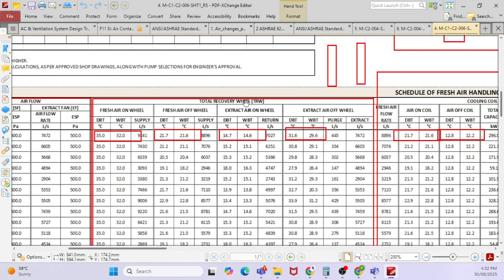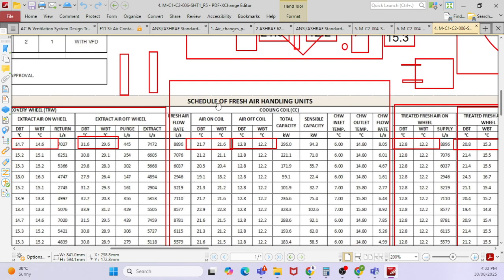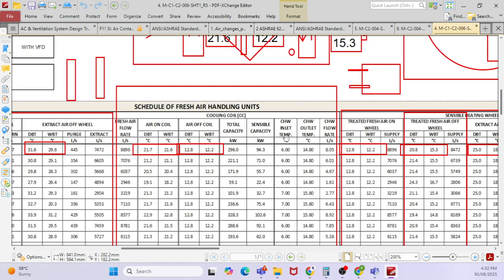Then you have a total heat recovery wheel, so you have fresh air on wheel, fresh air off wheel, exhaust air on wheel, exhaust air off wheel. You have a cooling coil, where you have on coil, off coil, capacity, sensible capacity, chilled water inlet, chilled water outlet, and chilled water flow rate.